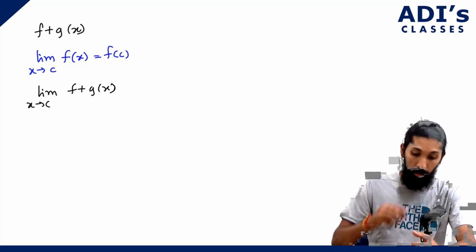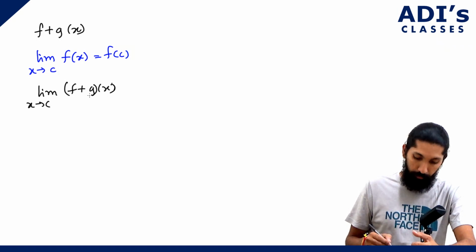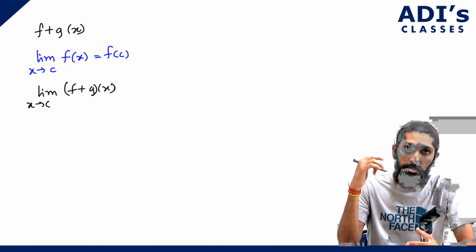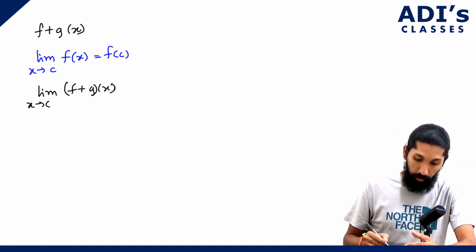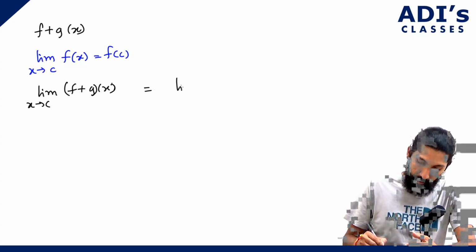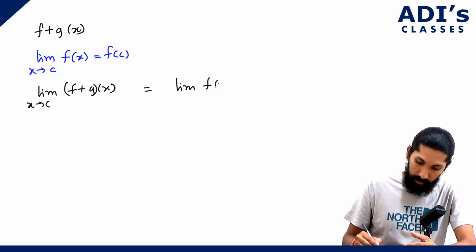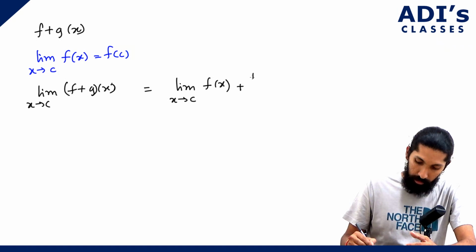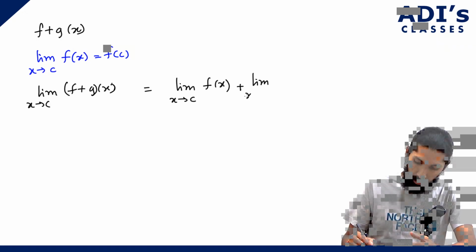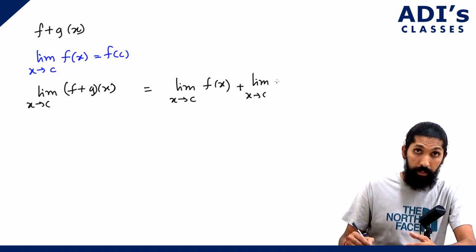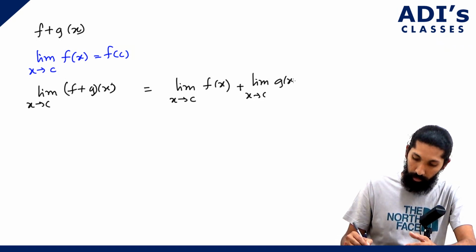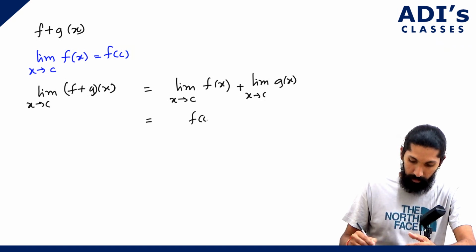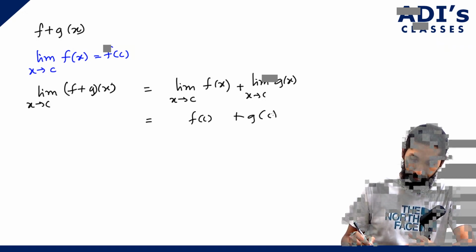Now, according to the laws of limit, whenever you have two functions, you can split and add them, correct? So you can write this as limit of f of x as x tends to c plus limit of g of x as x tends to c. So this is nothing but f of c plus g of c.